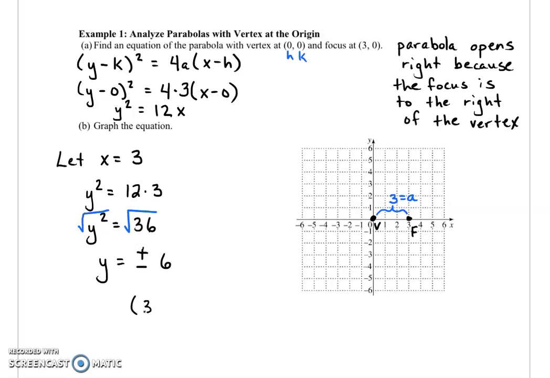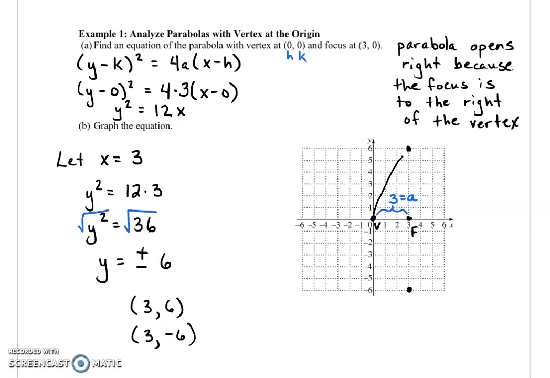We got the point (3, 6), and we got the point (3, -6). So let's plot those. By the way, it's always a good idea to let x be the same number a is. It lets you get nice points usually.